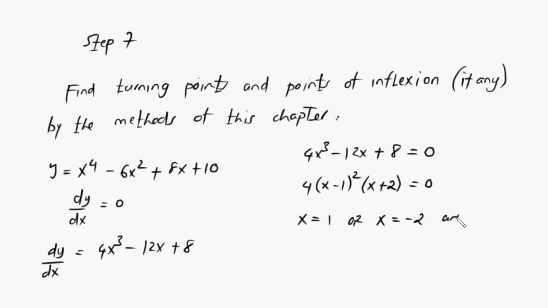These are the turning points: x equals 1 and x equals negative 2. We need to determine if these turning points are maximum or minimum. What are we going to do? We have to find the second derivative. This one is our first derivative: dy/dx is equal to 4x cubed minus 12x plus 8.